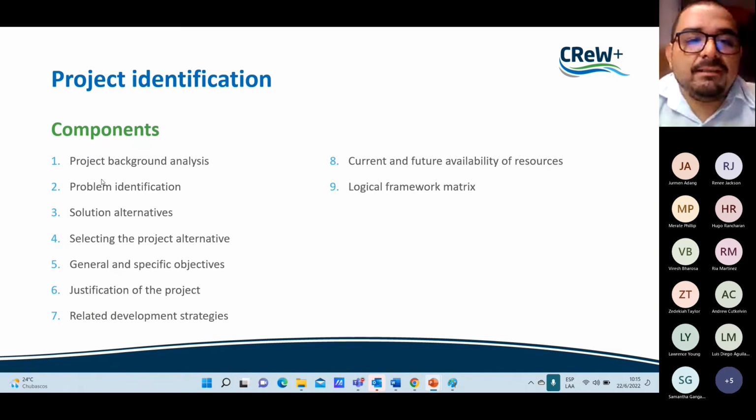But the document per se has this logic. In the next class, when we see the logical framework matrix, we're going to see how the problem, the alternative, and the objective are finally in harmony, and everything is related step by step.